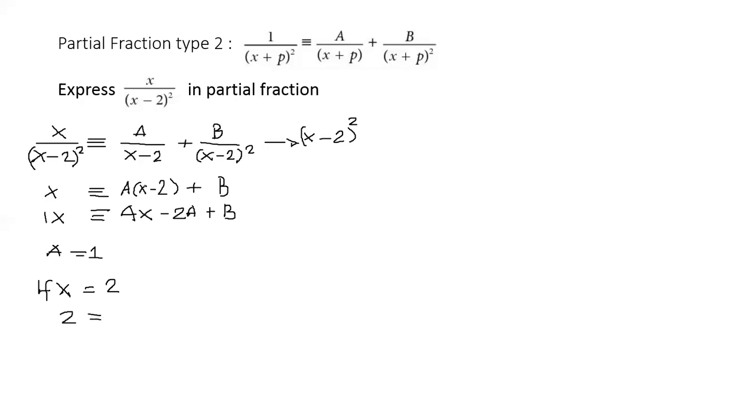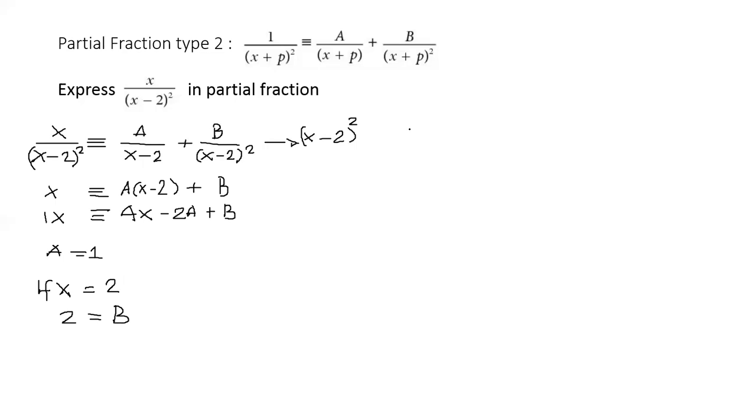If x equals 2, then 2 minus 2 equals 0, so 2 equals b. Okay, a equals 1 and b equals 2.